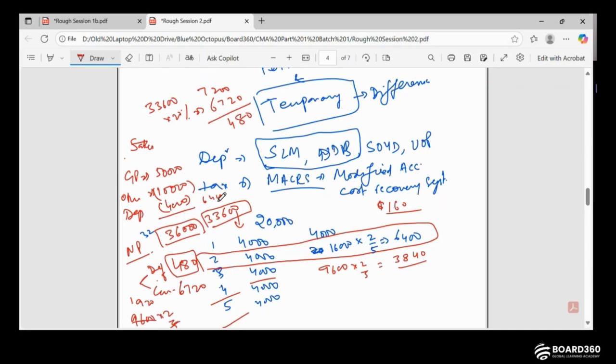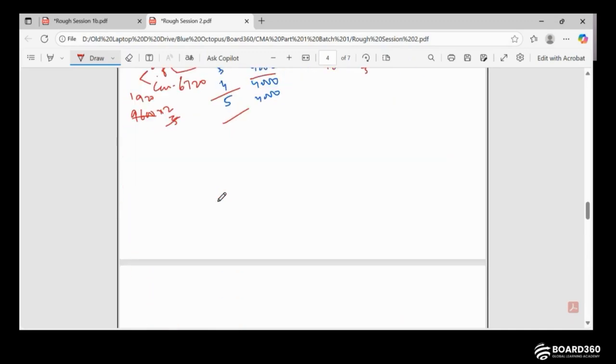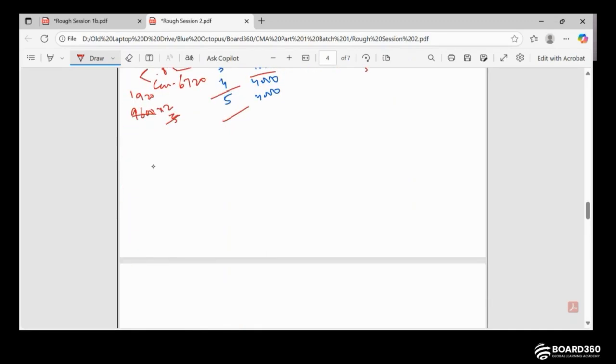Then we have revenue recognition. Revenue recognition is a 5-step method, which in general you will not even realize that 5 steps have already happened. Okay.